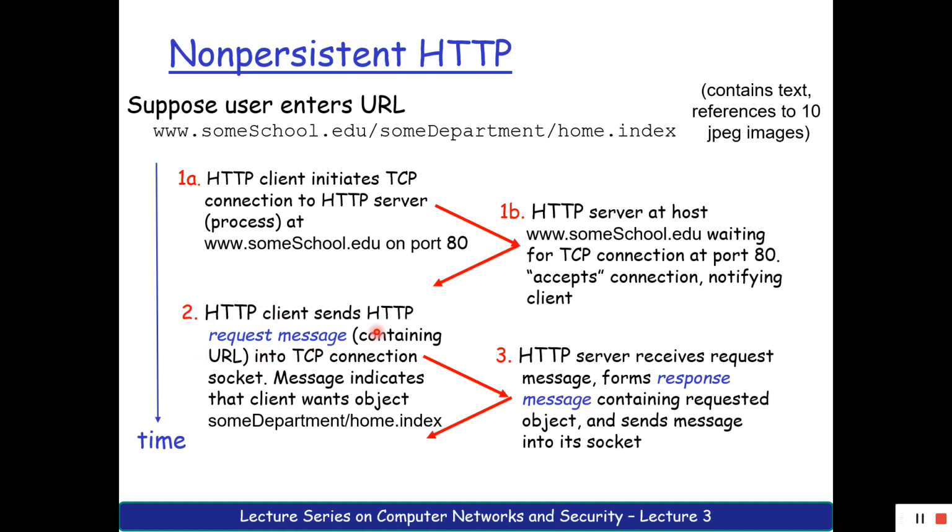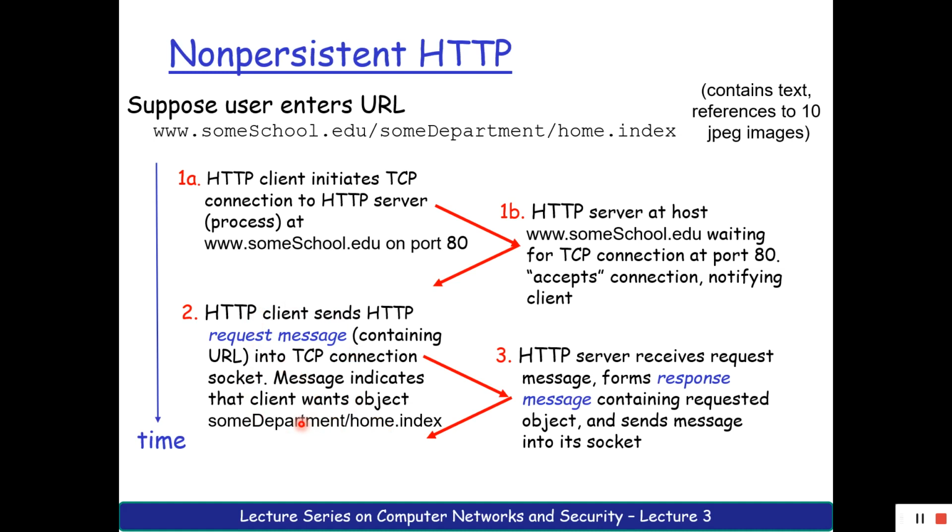The HTTP client sends a request message into the TCP connection socket. The message indicates that the client wants an object, that is somedepartment/home.index.